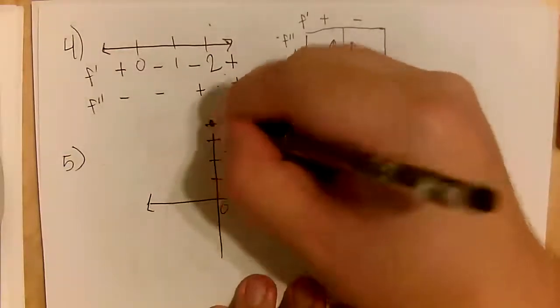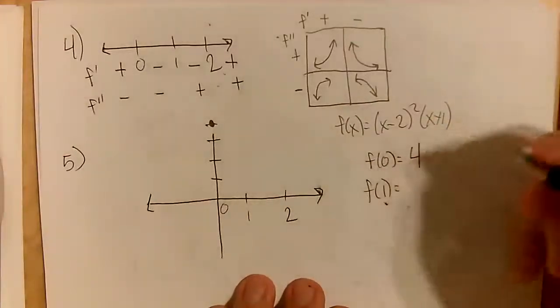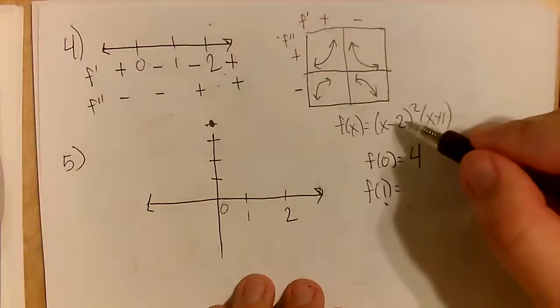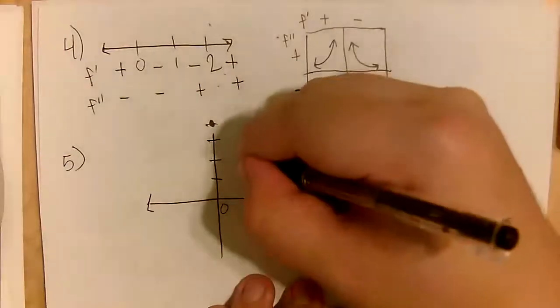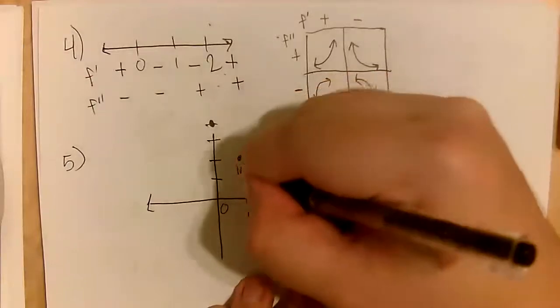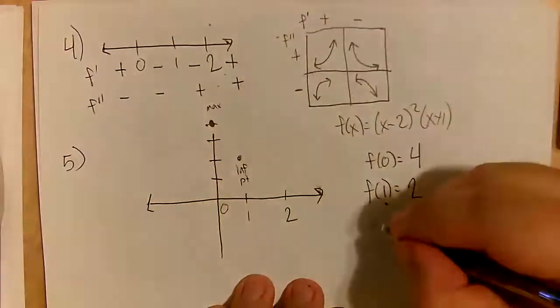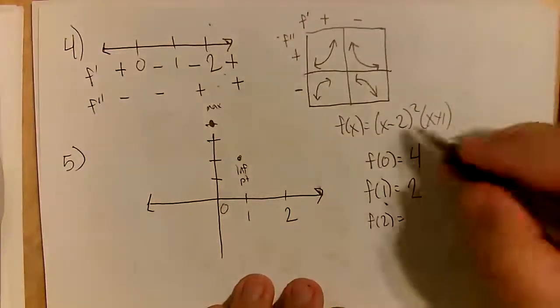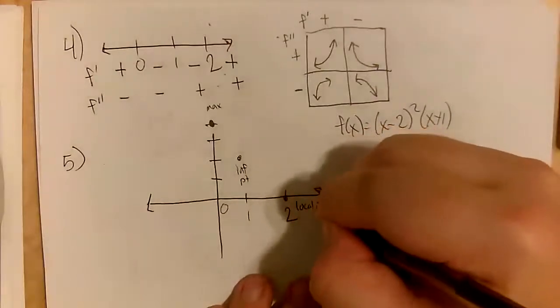So we'll say that's going to be up here at 4. At 1, what do we have going on? If I plug in 1, I'm going to end up getting 2. Remember that this was an inflection point. This was a max. And then at 2, I get 0 for that. This was supposed to be a local minimum.